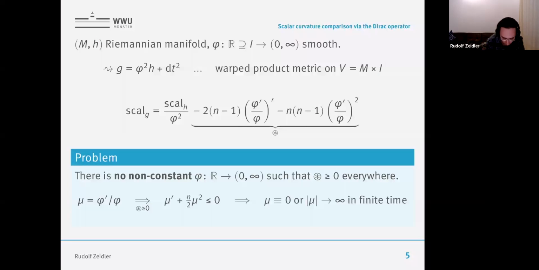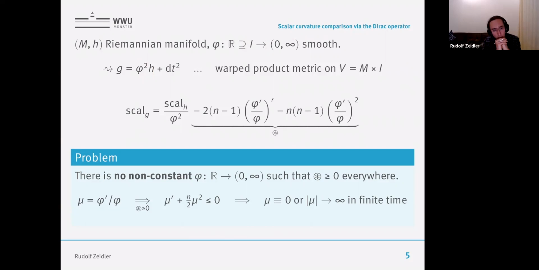And now instead of taking the product where you rescale it by a constant, you rescale it with a function that depends on, let's say, the interval coordinate. And then you get a new Riemannian metric if that takes values in the positive numbers. And to make formulas easier, it's usually nicer to write a square here.